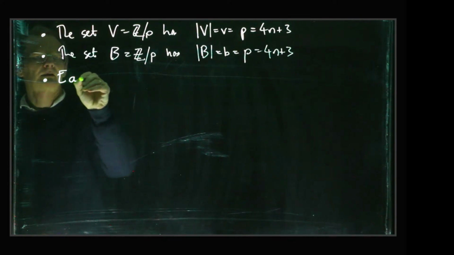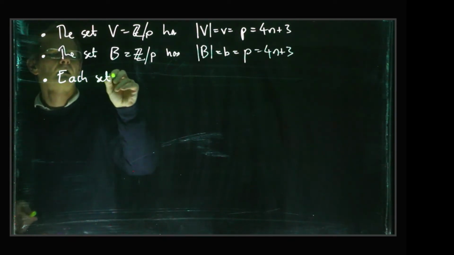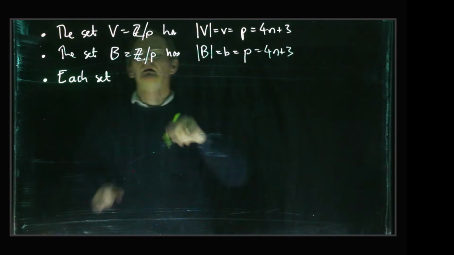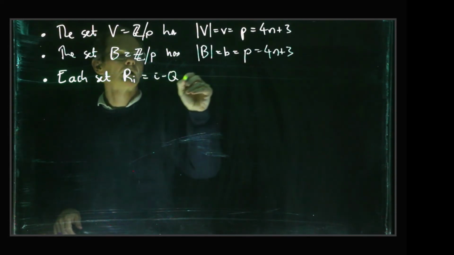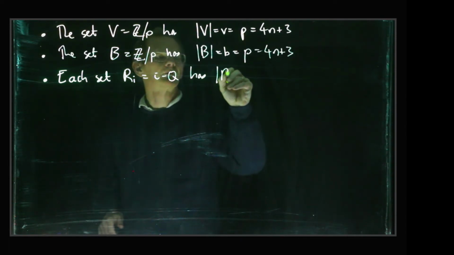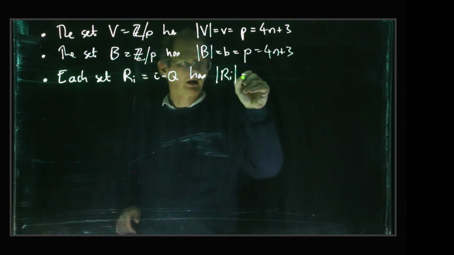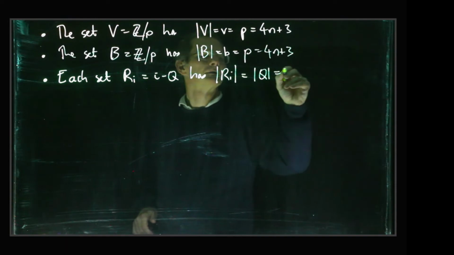And then thirdly, each set R_i, which was i - Q, has size equal to the size of Q, which is 2n + 1.